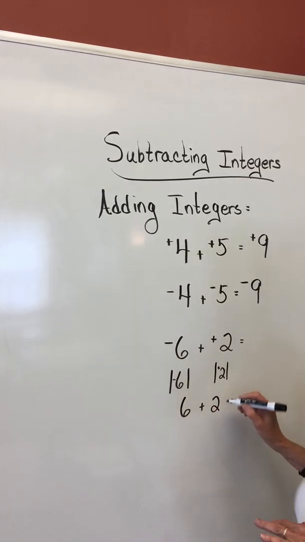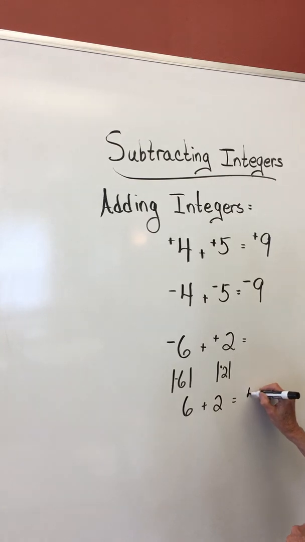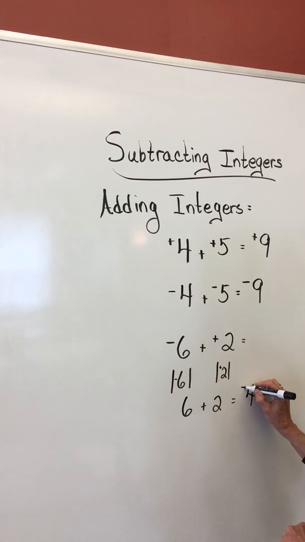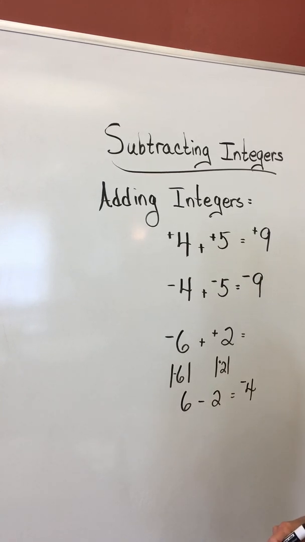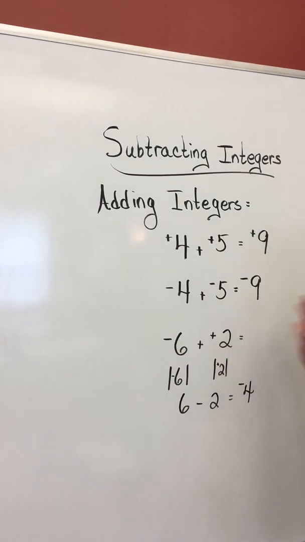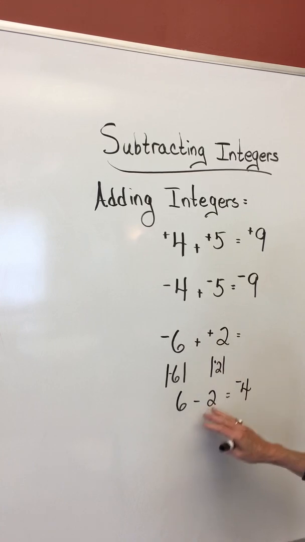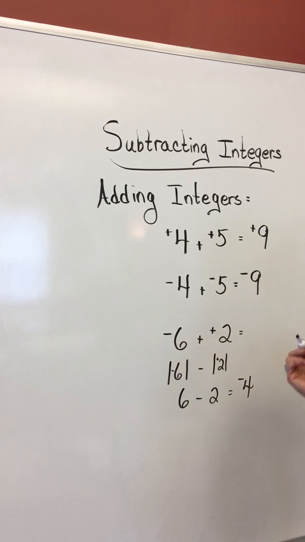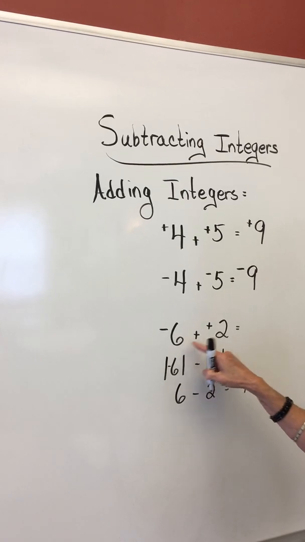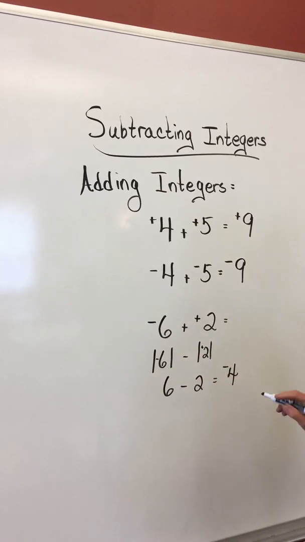So we're going to subtract those absolute values, and the sign of the larger goes to the answer. So we'll actually put a little subtraction there. All right, so that's if the signs are different. This is review. We subtract those absolute values, and the sign of the larger number in terms of absolute value goes to the answer.